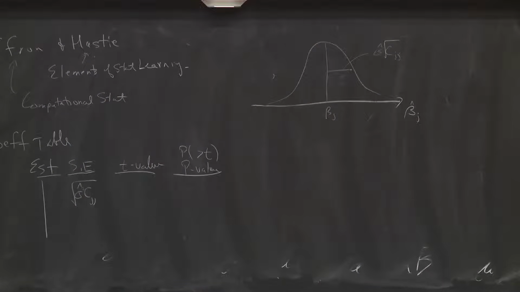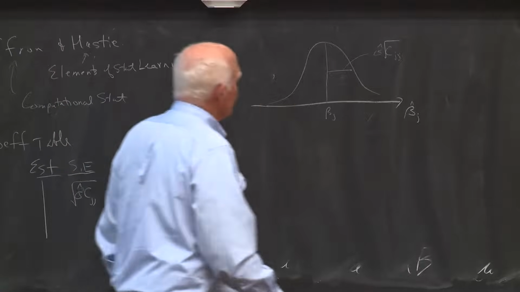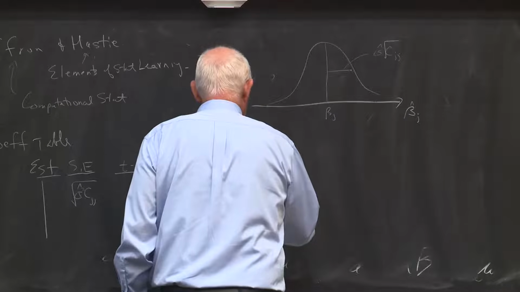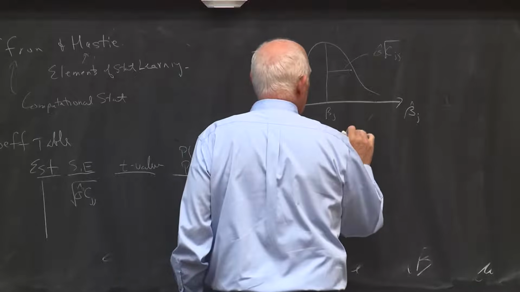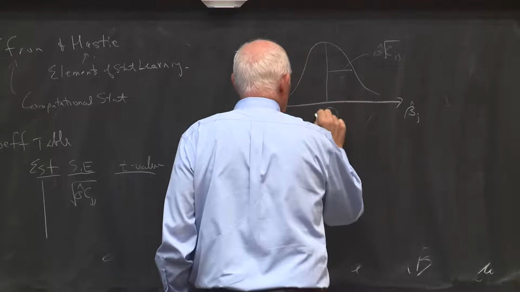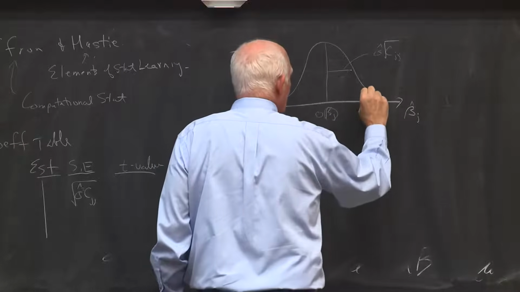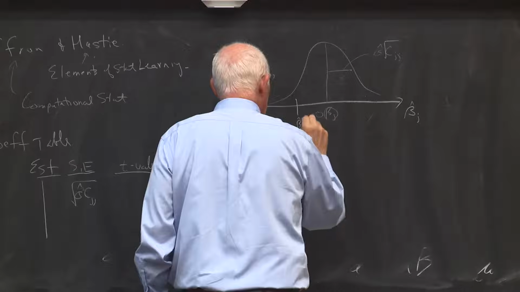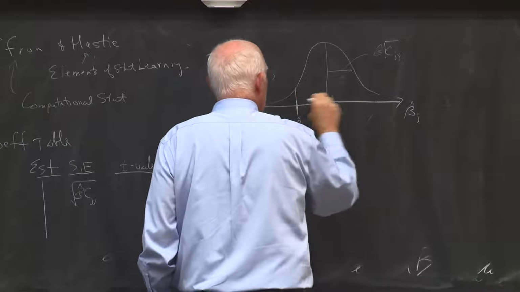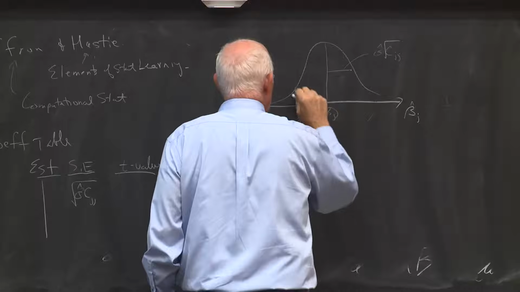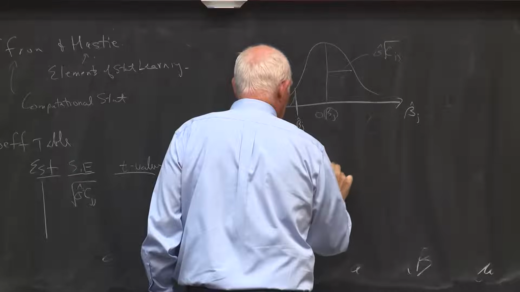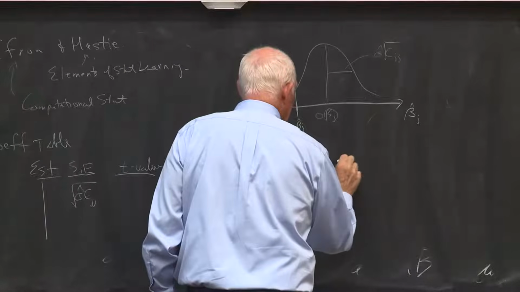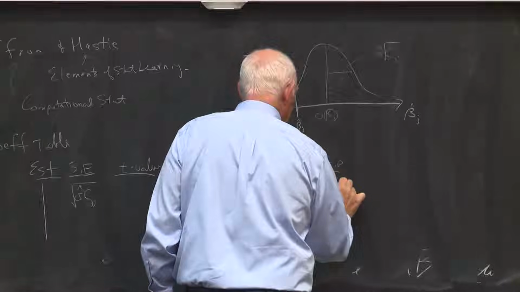We can calculate, we can basically test whether beta j is equal to 0. If we set this equal to 0 and observe a value of beta hat j, we can calculate how likely it is that we get beta hat j minus beta j 0 over sigma hat square root of Cjj.